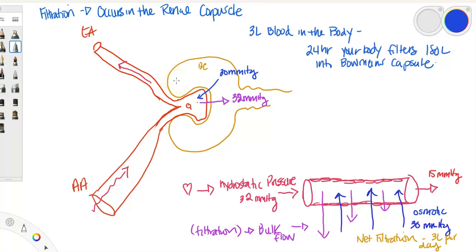Okay, but there's 2 other pressures going on here. So when blood comes in through the afferent arteriole, the afferent arteriole is larger than the efferent arteriole. So that means stuff going in is going in there quicker than it is leaving the blood. The blood that's coming in is coming in there faster than it is leaving. And that's creating also a pressure in the glomerulus.